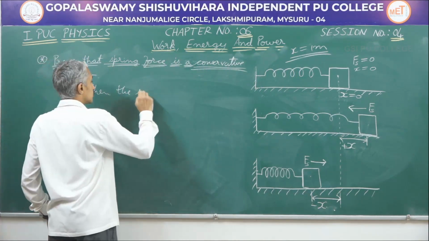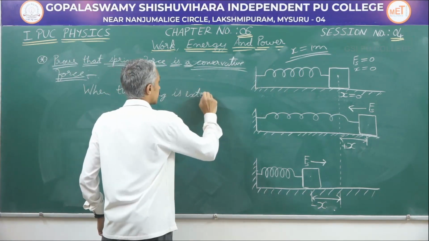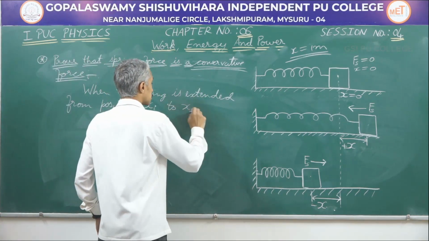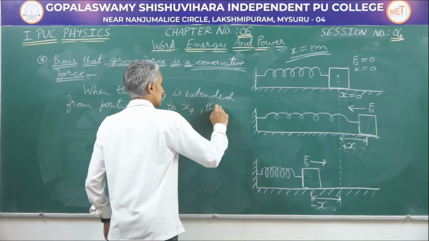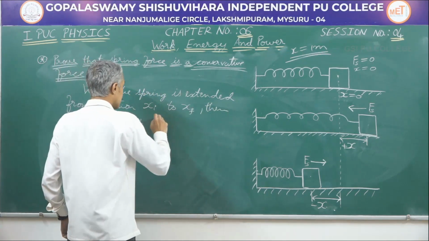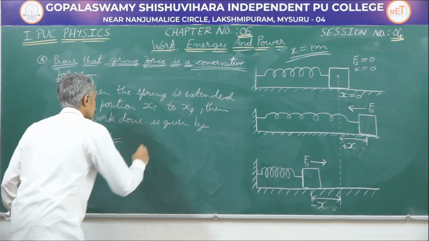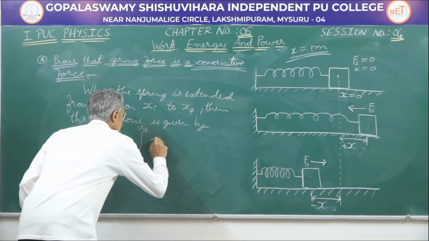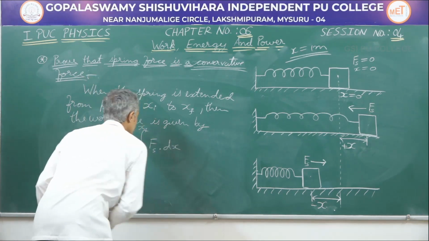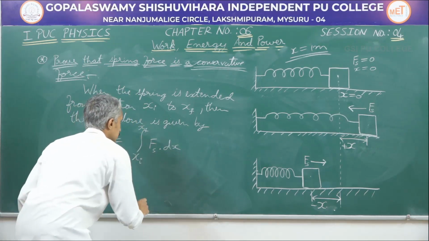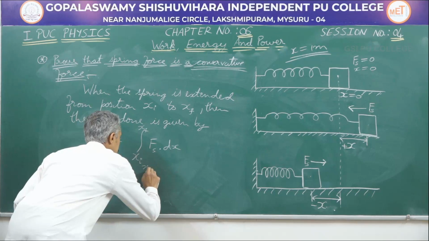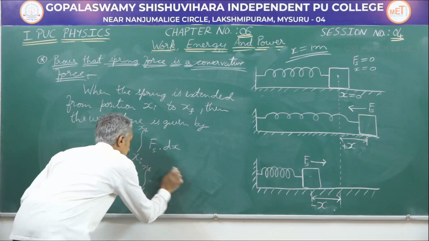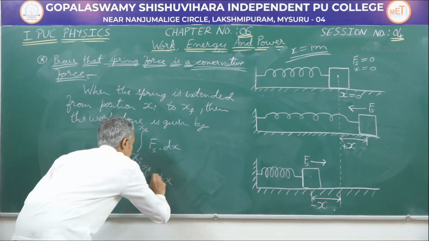Let us see. When the spring is extended from position xi to position xf, the work done is the integration from the initial position to the final position of the spring force dot dx, and this is equal to the integration from the initial position to the final position of minus kx into dx.